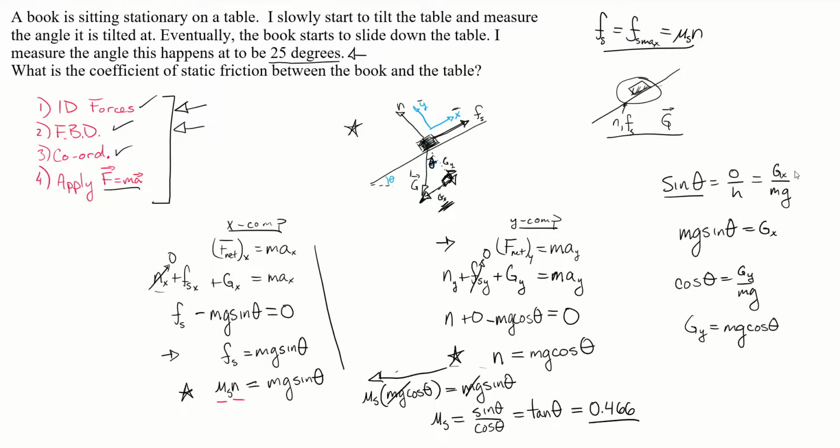You have some unknowns that you're trying to sort out, and applying Newton's second law is going to give you equations that can be used to solve those unknowns, right? You're going to get one equation for each dimension of your system. So this is a two-dimensional problem. We have x components and y components. Newton's second law gave us one equation for the x component and another equation for the y component.